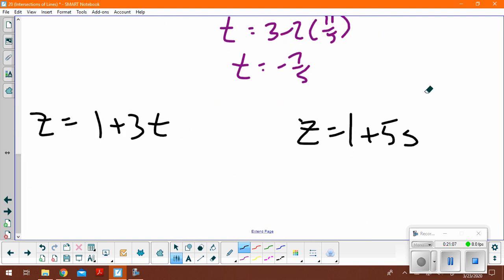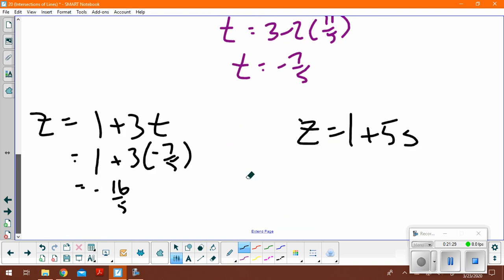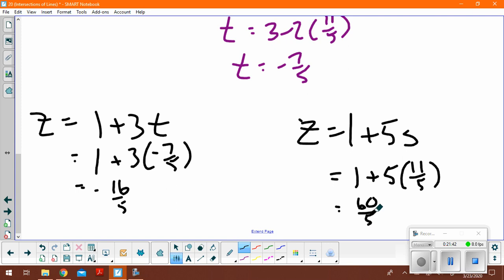Over here, I've got 1 plus 3 times negative 7 over 5, which is the value for t, and that's going to be negative 16 over 5. s is 11 over 5, so 1 plus 5 times 11 over 5, and that's like 60 over 5. Oh, yeah, that's 12.